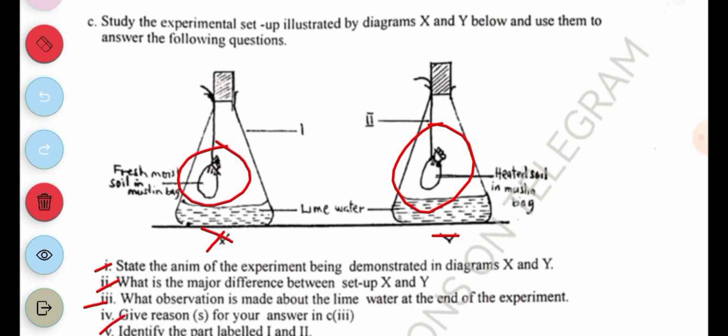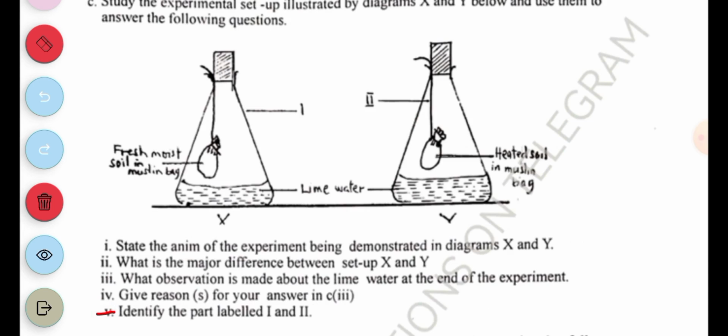Reasons for my answer: for X, the lime water will be cloudy because the living organisms are alive, so they will exhale carbon dioxide, which changes the lime water to cloudy. But with setup Y, since the living organisms are dead, there's no carbon dioxide released to turn the lime water cloudy.